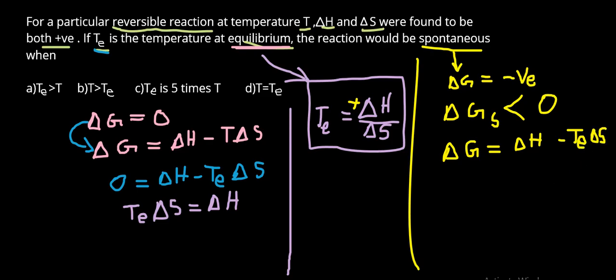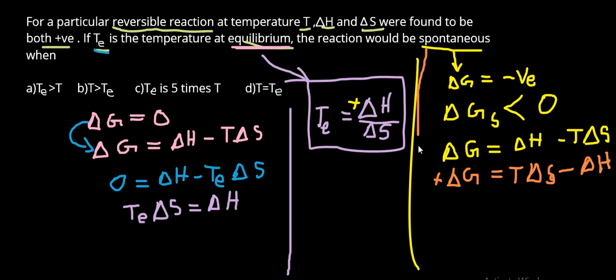Here this is not the equilibrium temperature, so instead of T_E, I will write T_S. Here ΔG is negative, so I will write it as negative ΔG. Negative means the whole equation becomes T_S ΔS minus ΔH for a spontaneous reaction.